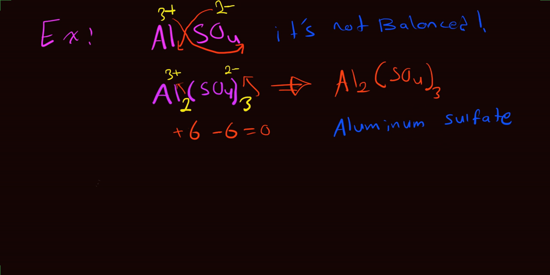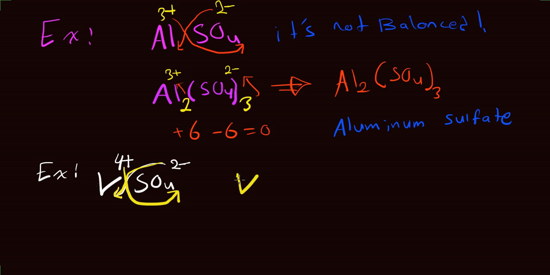So let's use a different example. For example, vanadium, which is plus 4, and sulfate, which is minus 2. It is not balanced, right? So you will add 2 for vanadium and 4 for sulfate. As a result, vanadium by 2, sulfate by 4.